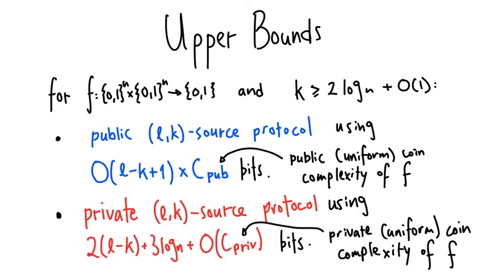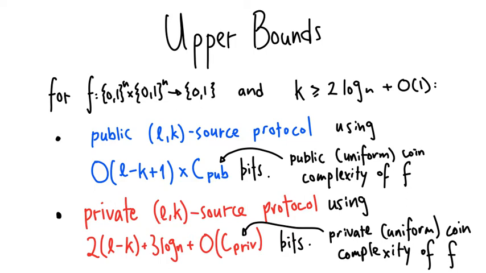And in the private LK source model, the most bits that you will need is a term corresponding to the entropy deficiency, L minus k, plus a logarithmic factor, plus the private uniform coin communication complexity of f. Just to reiterate, these bounds apply to arbitrary f.